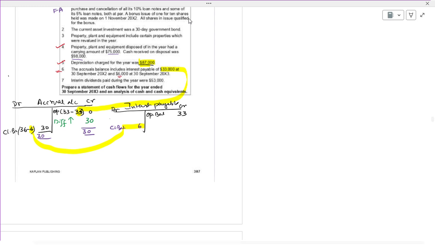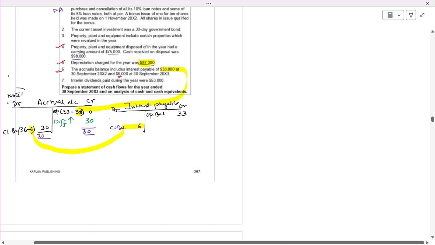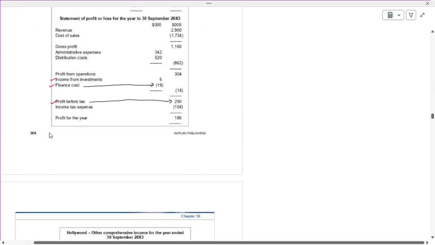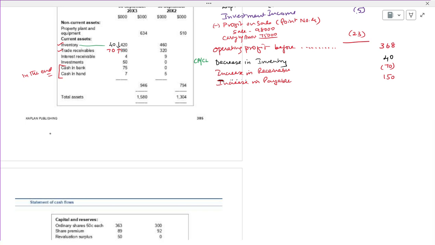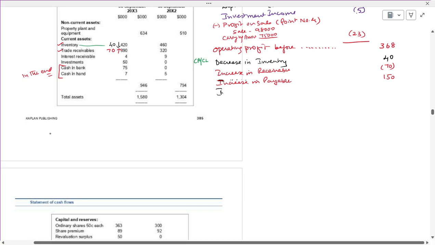Okay, rules. I will put this as note 1 and this as note 2. Note 1: increase in accruals.